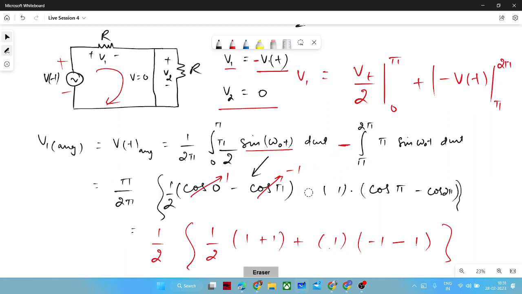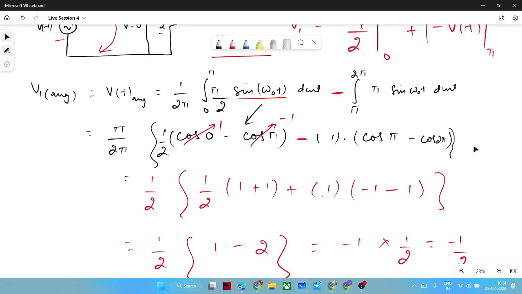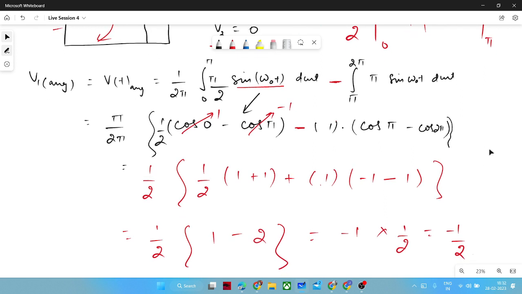After this, you will have minus Vt, and that is pi. We have already taken pi in common, so it will be minus 1 into cos pi minus cos 2 pi.